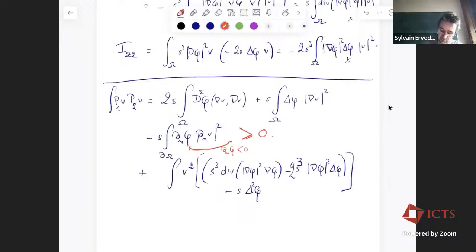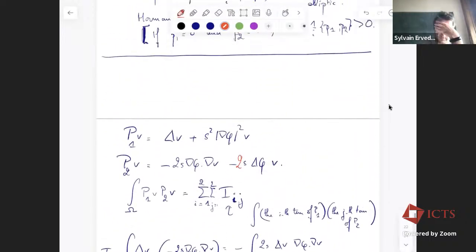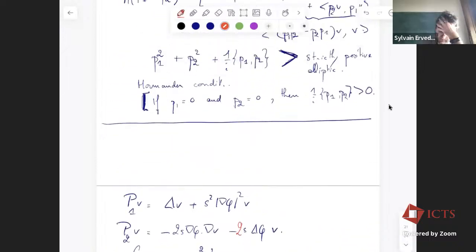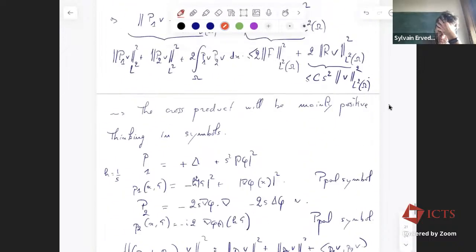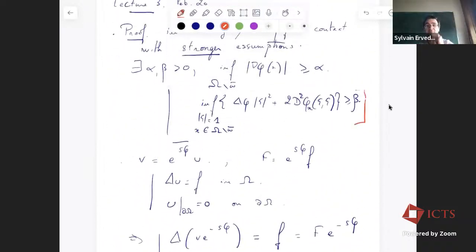So I should go back to the assumption. So on the assumption, I have this thing here. Of course, this is homogeneous in psi. Okay, and so you can apply it to psi equals to. So sorry, I think there's something missing.